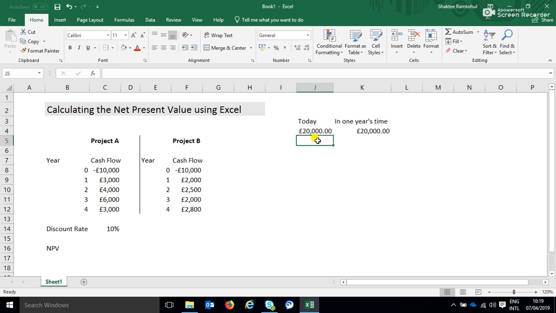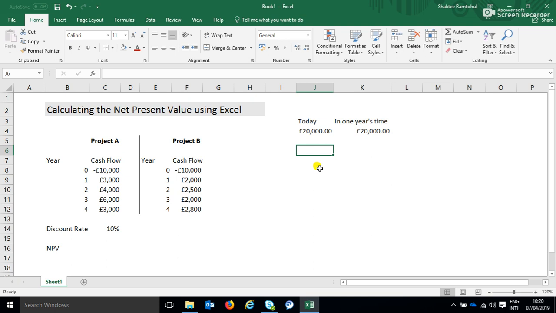That's one reason. Now, the second reason is if you're offered £20,000 today, and if you're intelligent enough, you would say, well, I don't want the £20,000 today, but I'd rather have the £20,000 invested, which earns a return of, let's say, 10%.